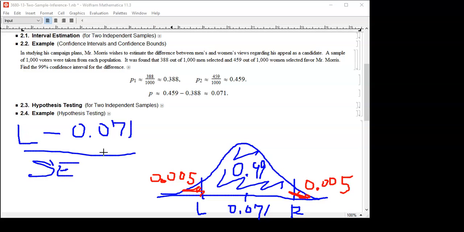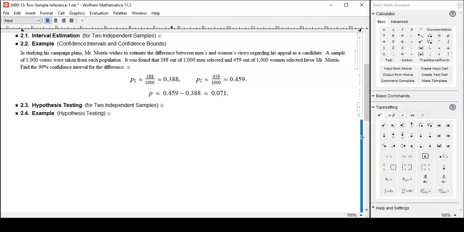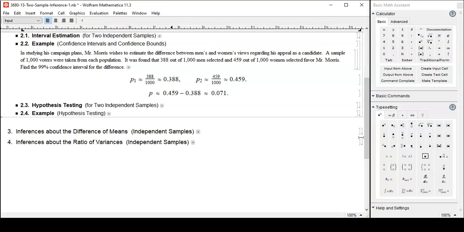And this is the z-score you have to look up from your normal table, associated with 0.005. If I remember correctly, that z-score is 2.58 or 2.575, something like that. I erased the picture a little bit prematurely, but that's okay. I'm going to show you the real picture real soon.